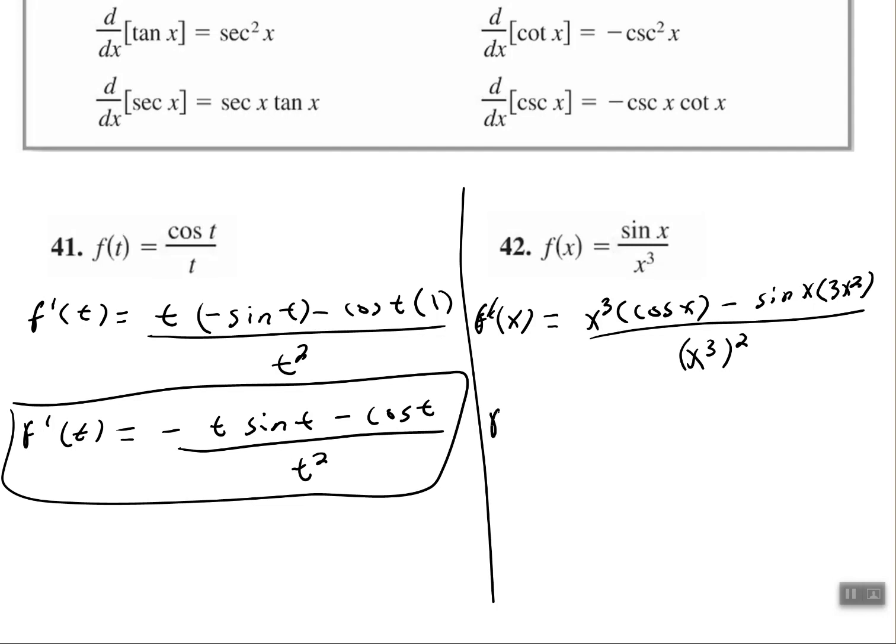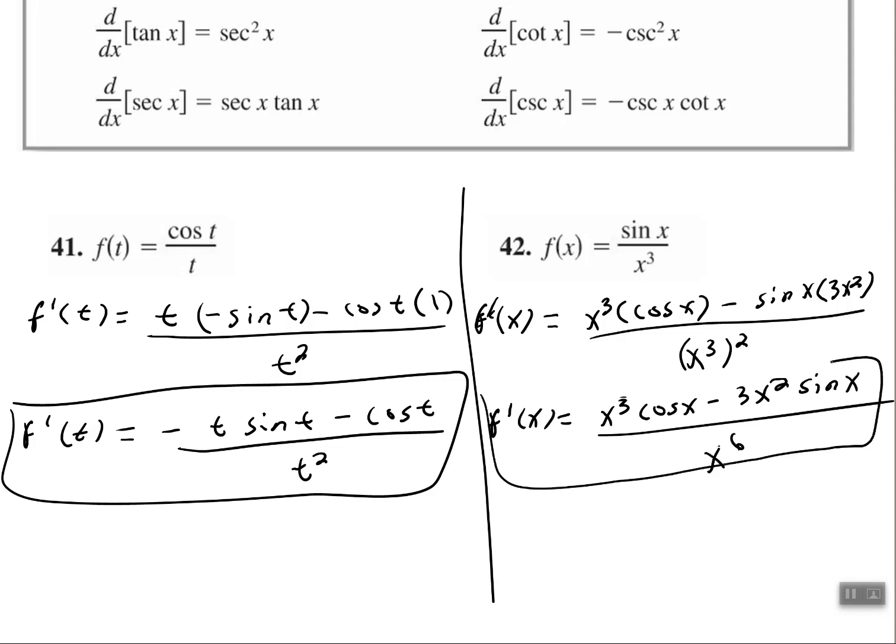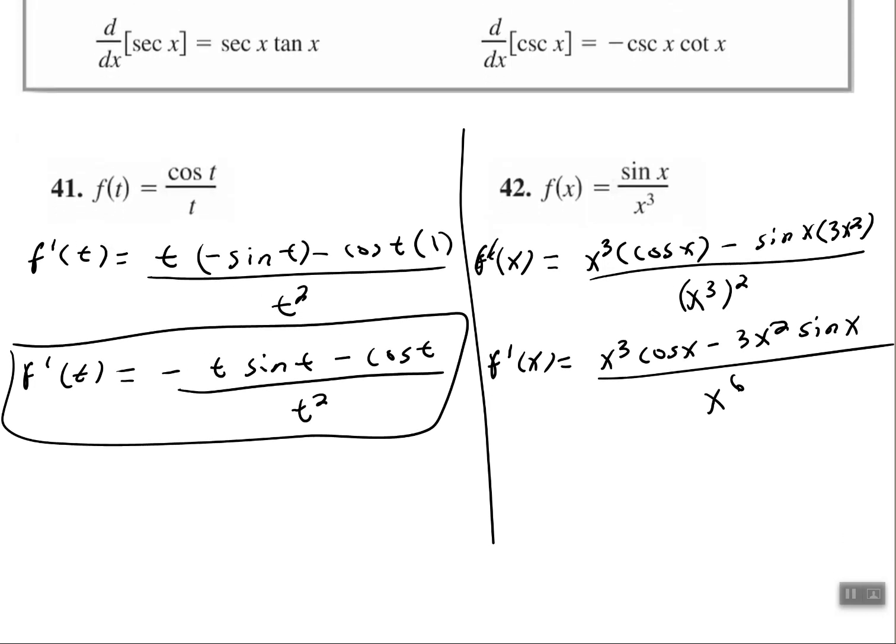And then again, as usual, we want to clean this thing up. So x to the third times cosine of x minus 3x squared times sine of x all over x to the 6th power, power to a power rule of exponents. And if you want to clean this up some, I probably would here.